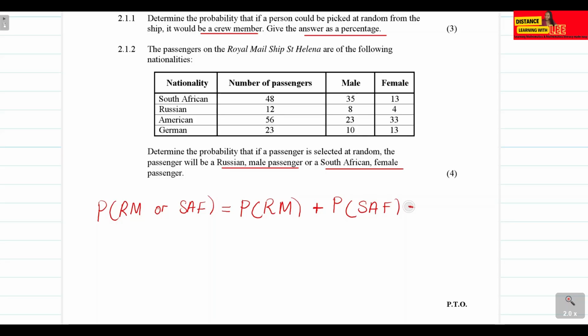So in this case, to get the probability that the passenger is either a Russian male passenger or a South African female passenger, we need to add the probability of that person being a Russian male to the probability of that passenger being a South African female. So this is the formula that we're going to use to determine that probability. Okay, so let me write that down.